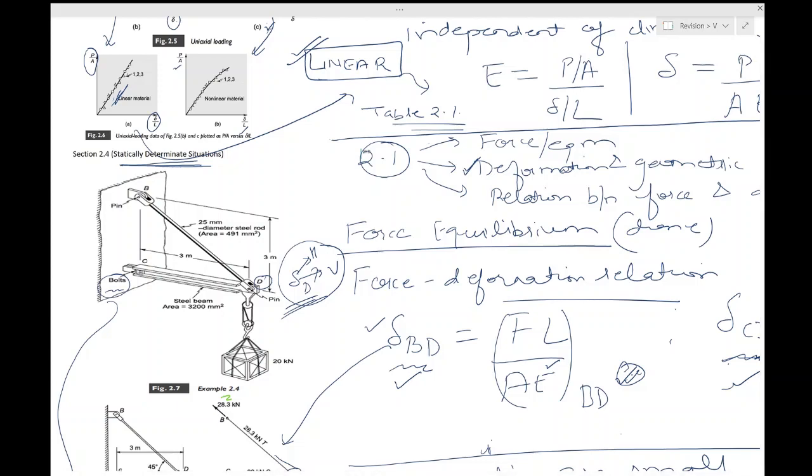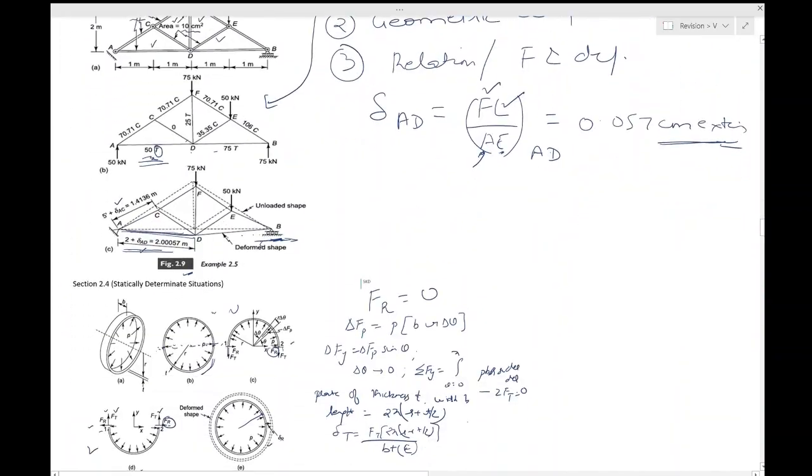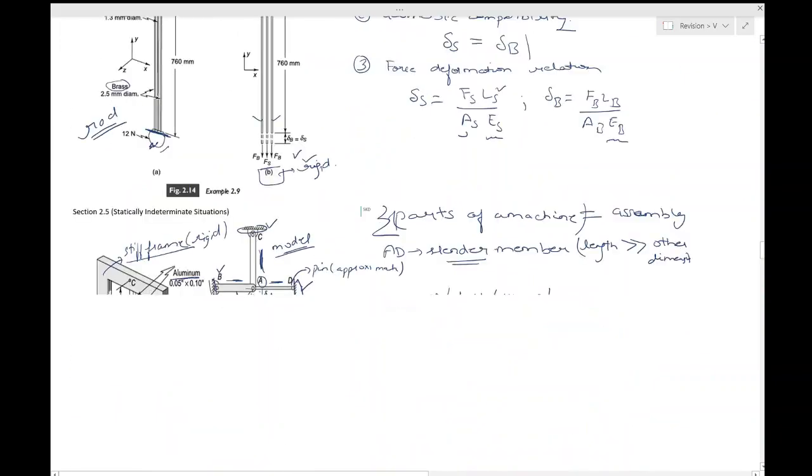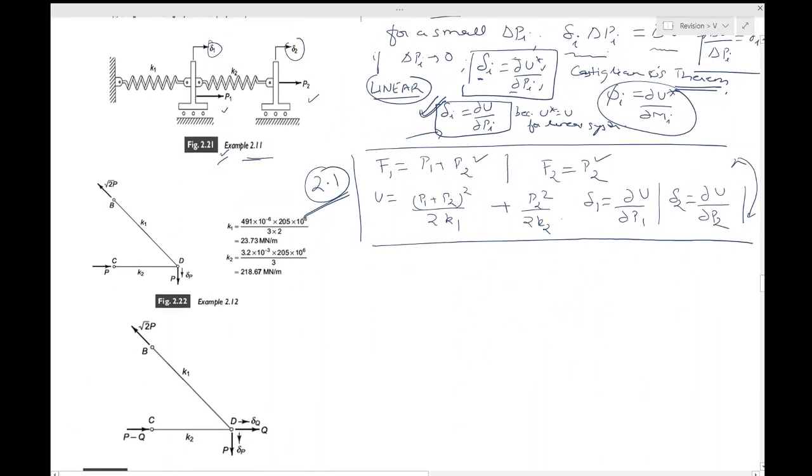So I request you to please revise this problem that we had discussed before as example 2.14, and then we'll come back to example 2.12 where we discuss this. Let me just switch back to the color. Okay, there you go.